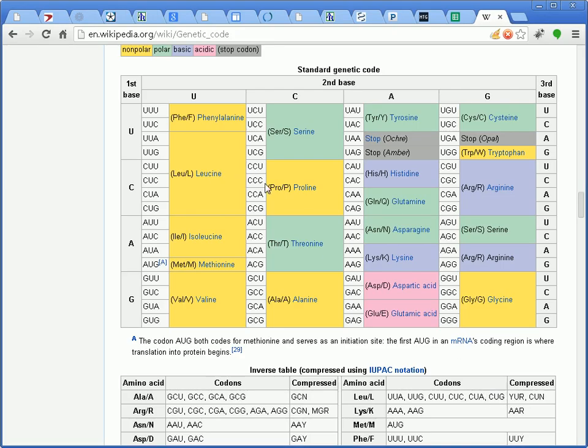All right, so if we look at the genetic code, we see that the third position can usually vary. Okay, so let's look at here. The first two letters are CU. The third letter can be any of U, C, A, G. They all encode the leucine amino acid.